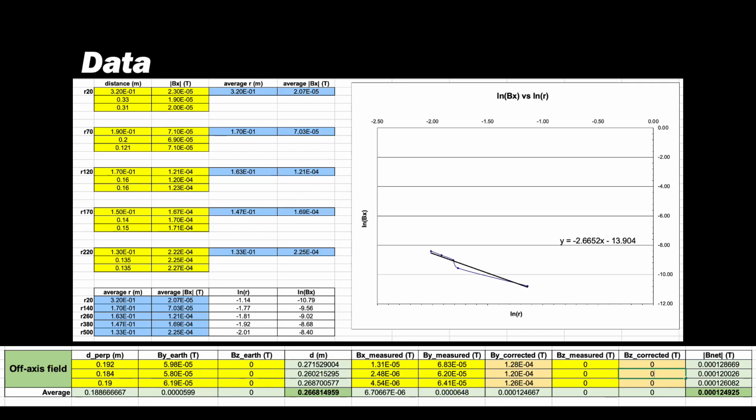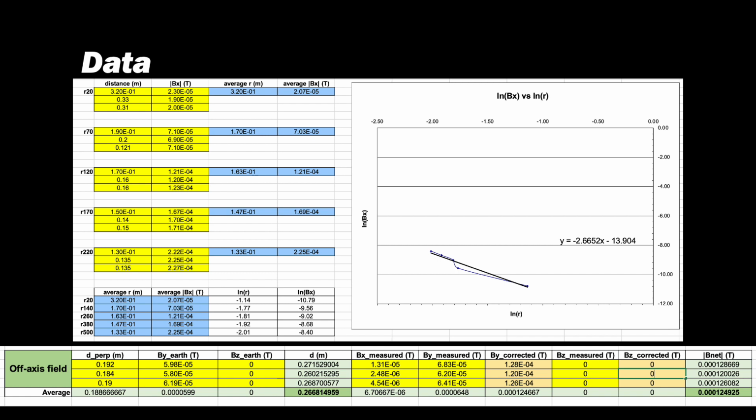This slide shows the data I got for this experiment. For the first part of the experiment, I measured distance at different magnitudes of B bar, and the data is on the top, where I took advantage of the equation magnitude of B bar equals K times r to the nth power, where K is the combination of parameters and constants.